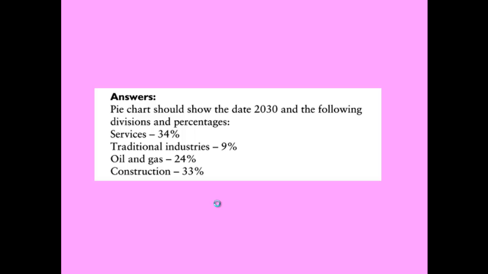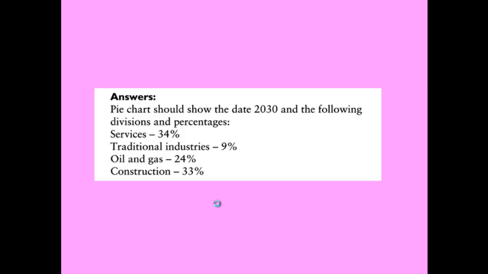Services 34%. So the services sector is 34%. Traditional industries is 9%. Oil and gas 24%. Construction 33%.